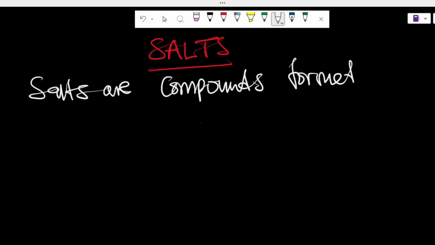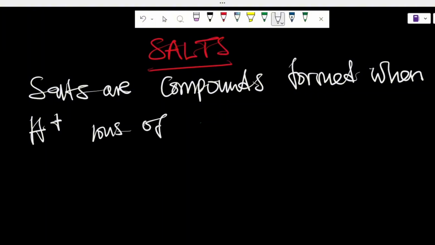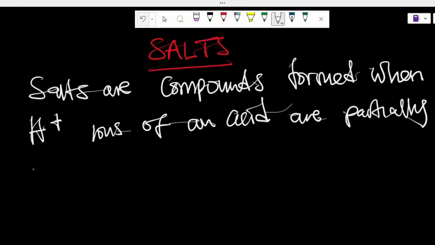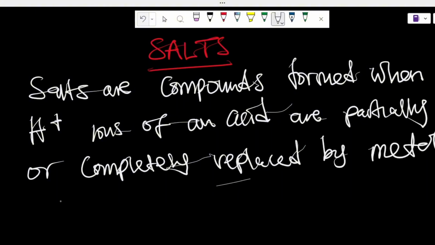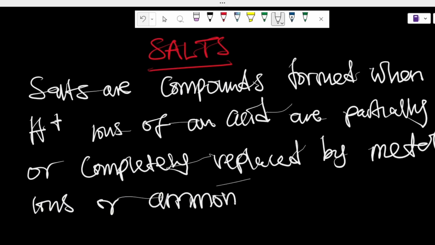formed when hydrogen ions of an acid are partially or completely replaced by metal ions or ammonium ions.